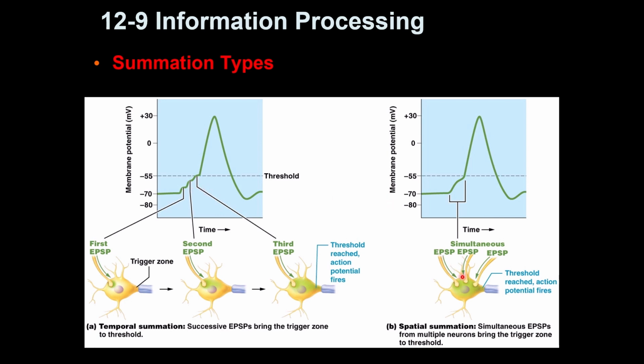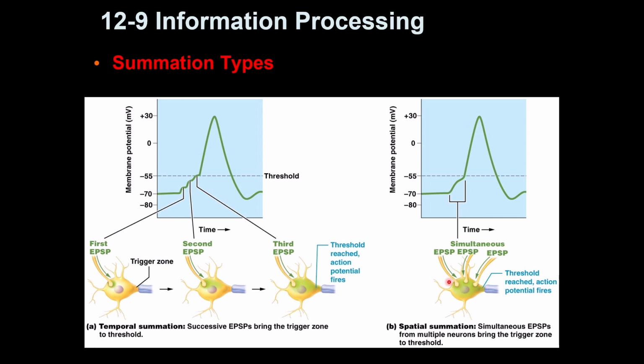The other one is that multiple stimuli from different neurons arrive at the same time. When they arrive at the same time in the same location, very close to each other, they stimulate the plasma membrane, it goes above the threshold, and that will cause the action potential. If they are small, then many of them should be there.